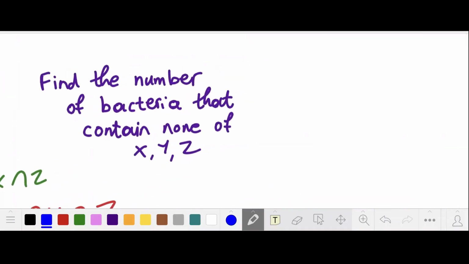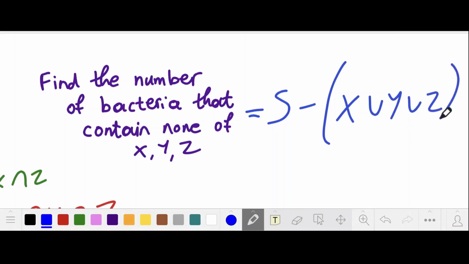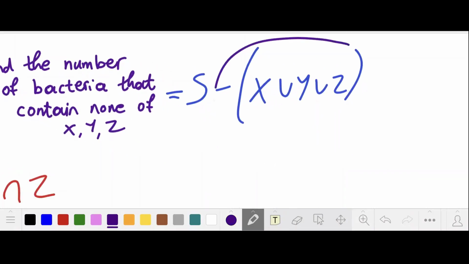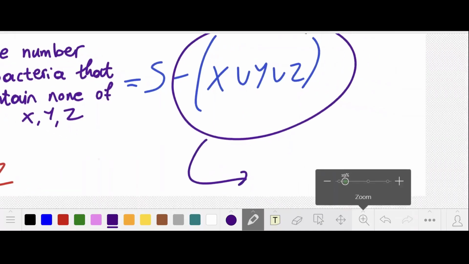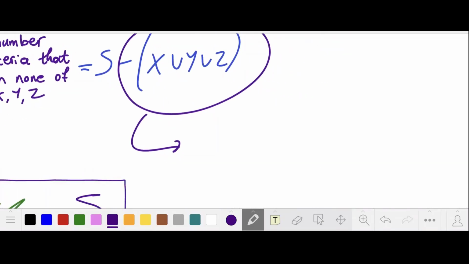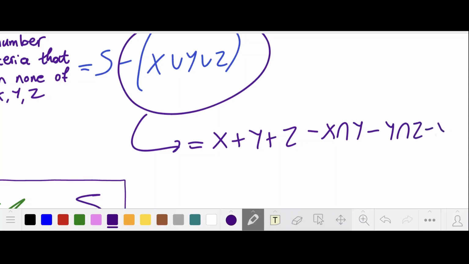In fact, we know that this number is equal to the amount of elements that are in the universal set S minus the union of our three sets, X, Y, and Z. Now this, due to the inclusion-exclusion principle, is equal to X plus Y plus Z minus the intersection of X, Y, minus the intersection of Y, Z, minus the intersection of X, Z, and we add the central region, which corresponds to the intersection of X, Y, and Z.